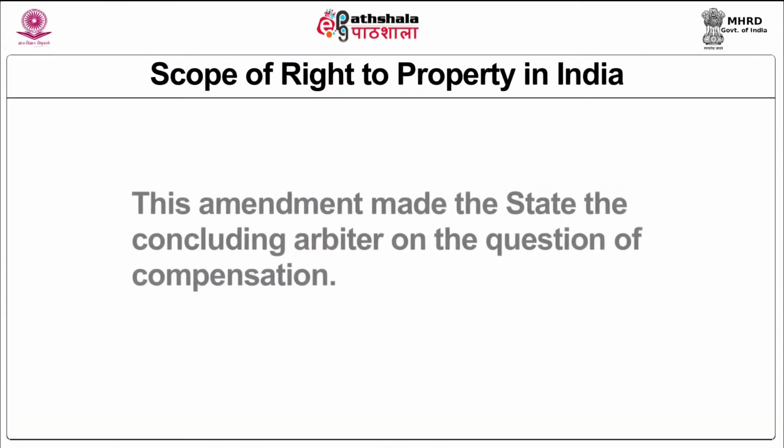It was additionally provided that no such law could be called in question in any court on the ground that the compensation provided by the law is not adequate. This amendment made the state the final arbiter on the question of compensation.